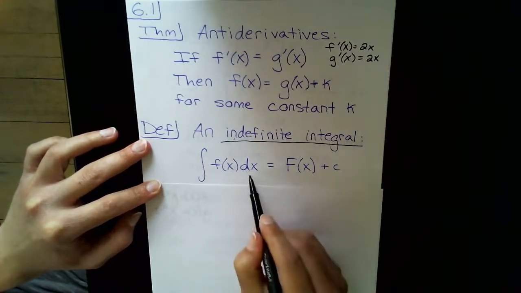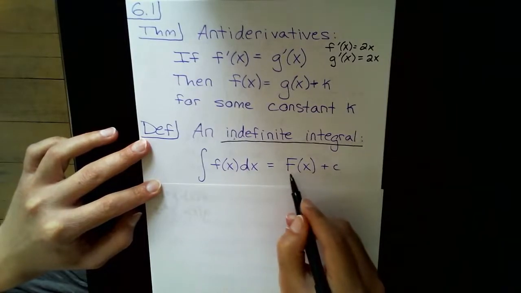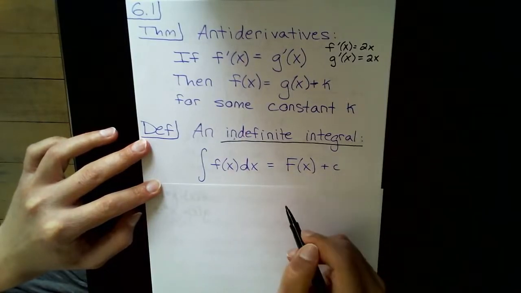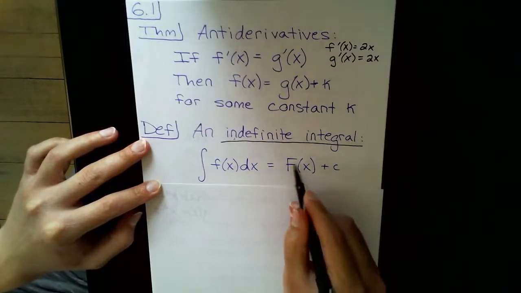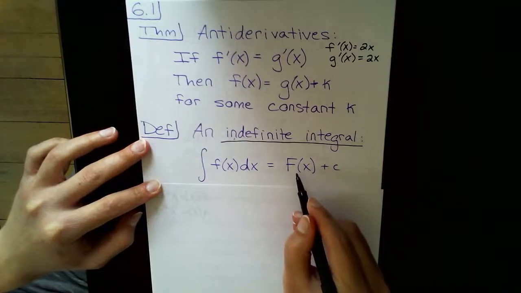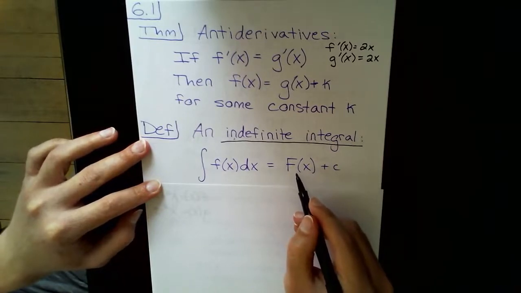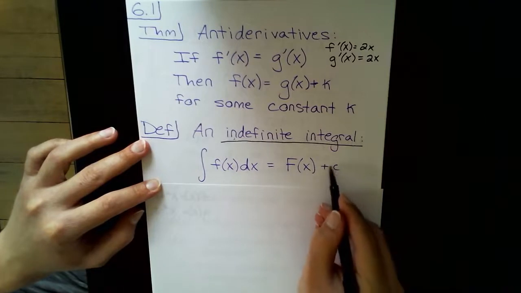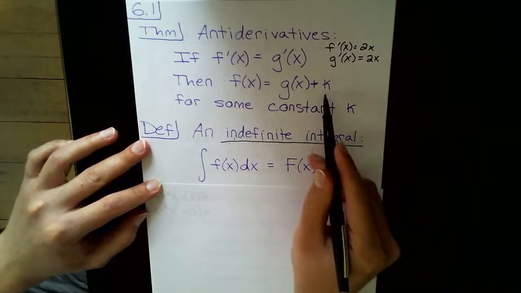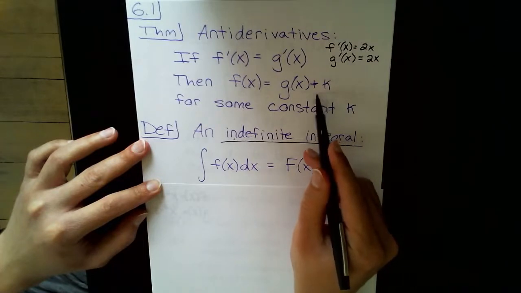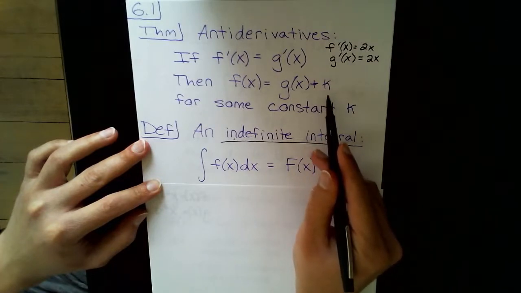And we say that that's equal to capital F of x plus c. We don't have a separate notation for antiderivative, so we just use the capital letter of what you started with to show you've found the antiderivative. And we always put this plus c here because, like we said earlier, when you take a derivative, you could lose that constant.